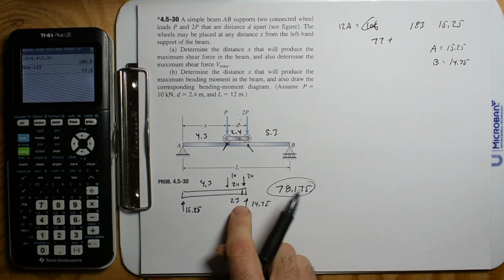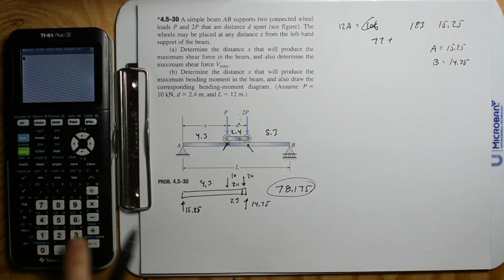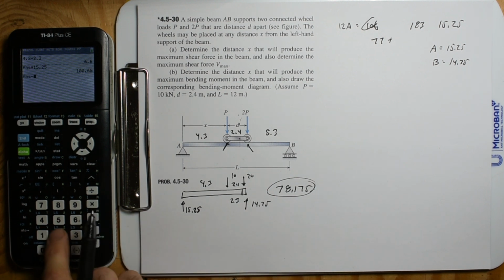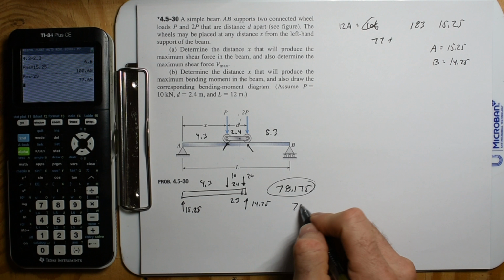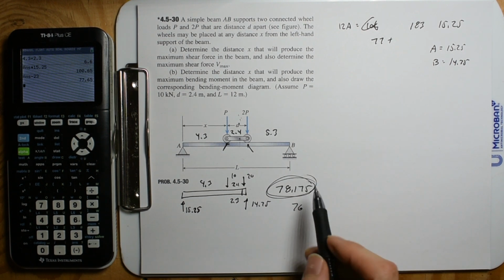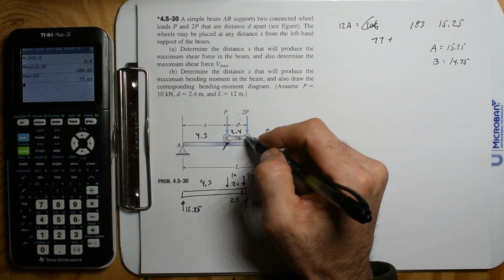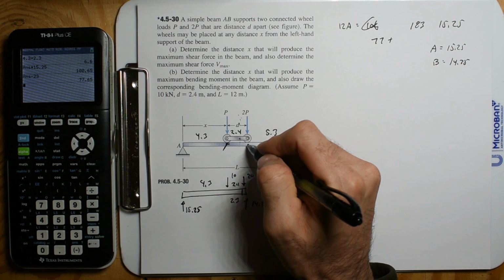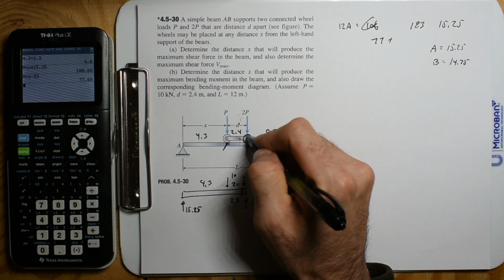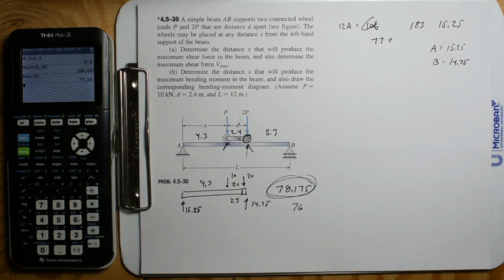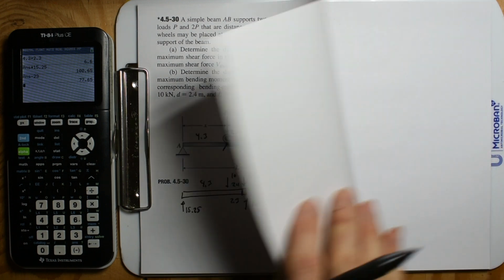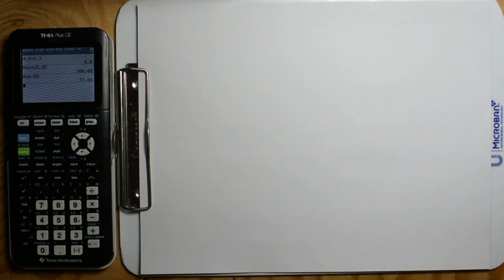So we're going to have 4.3 plus 2.3 times 15.25 minus 23, and that gives us a lower number. So at least if we run an equation, we know the highest bending is going to occur right under this heaviest wheel. And so now, yeah, I'm satisfied. I think we can do an equation.